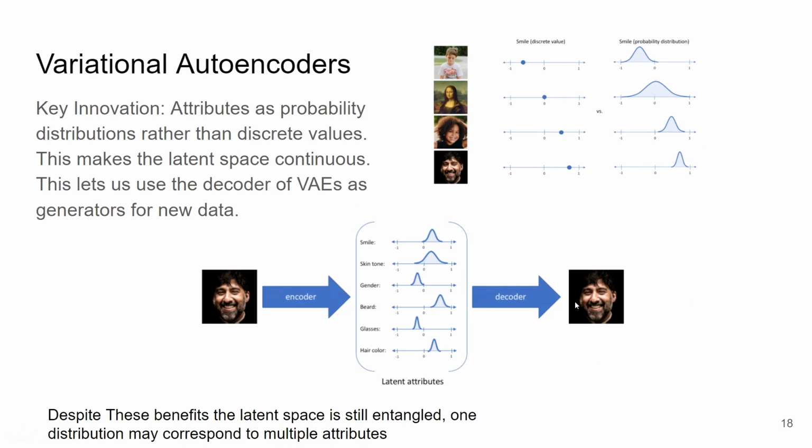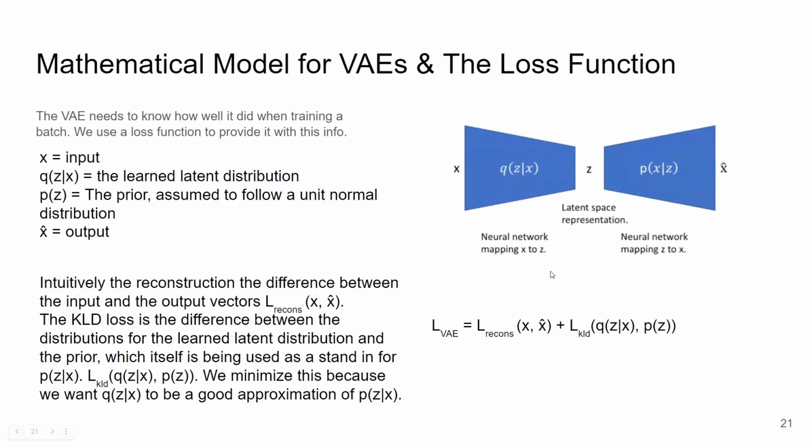Where the reconstruction loss measures the difference between the input and output, the KLD loss measures the difference between two of these curves. We're measuring the difference between our output curve and what we're calling our posterior distribution.